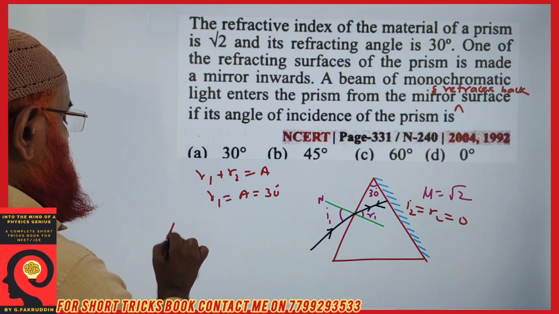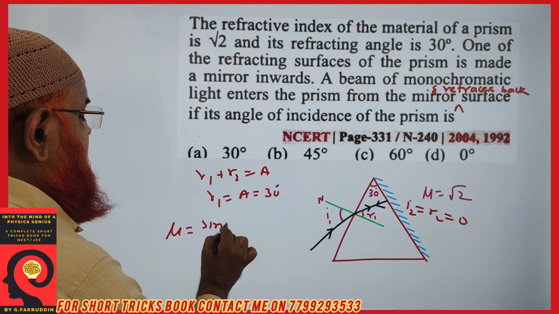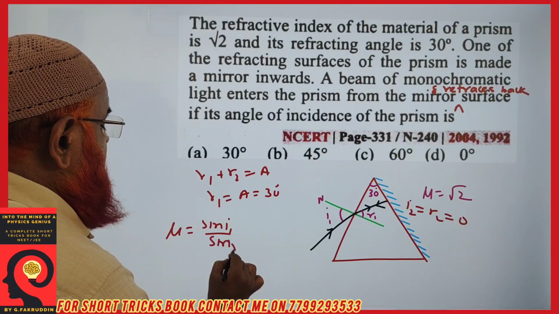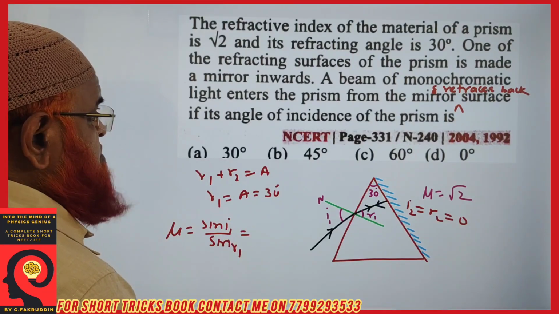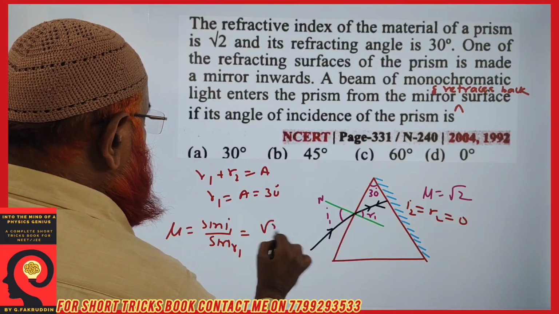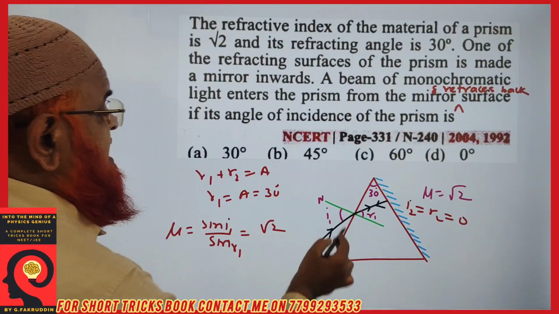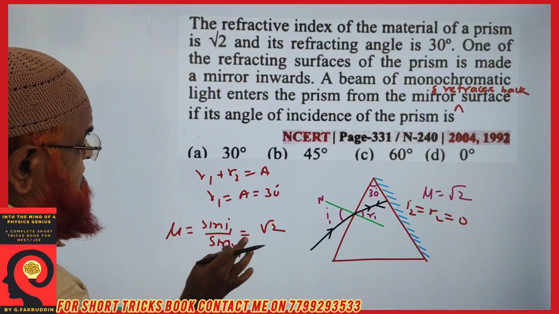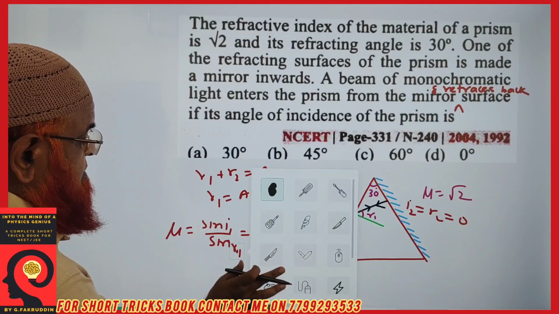I1 is being asked. So mu is equal to sin I1 by sin R1. What is mu here? Mu is given as √2, is it? What is R here? R is 30. So can we take this as 30 directly?